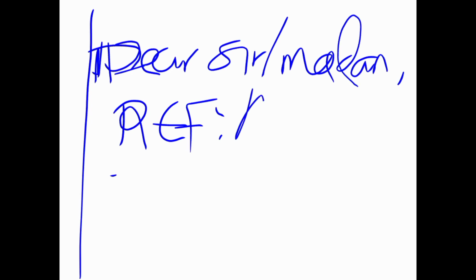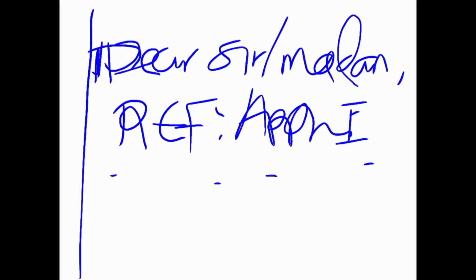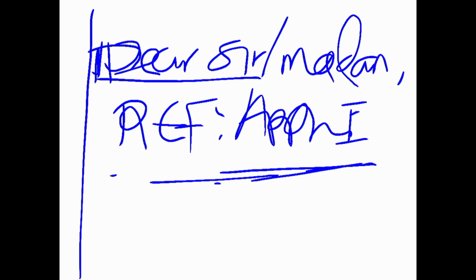Application for a job as an office assistant. So you write this in capital letters. Application something something. You write as an office assistant. Have you seen? The salutation, the reference indented, and then you write what the letter is about in capital letters.